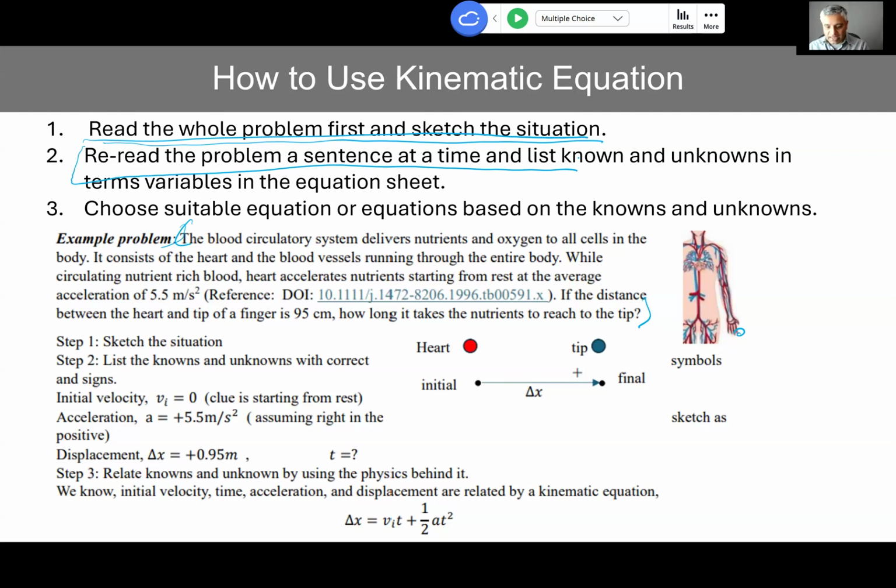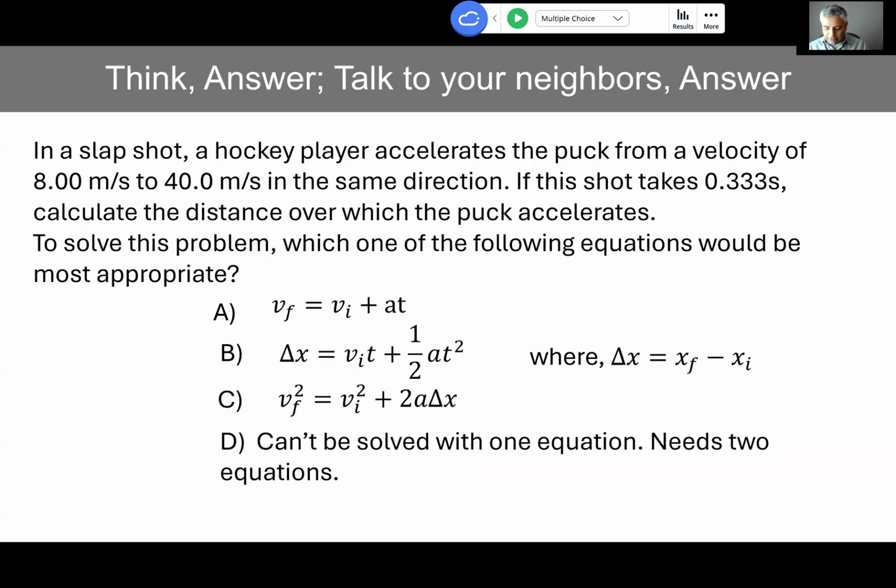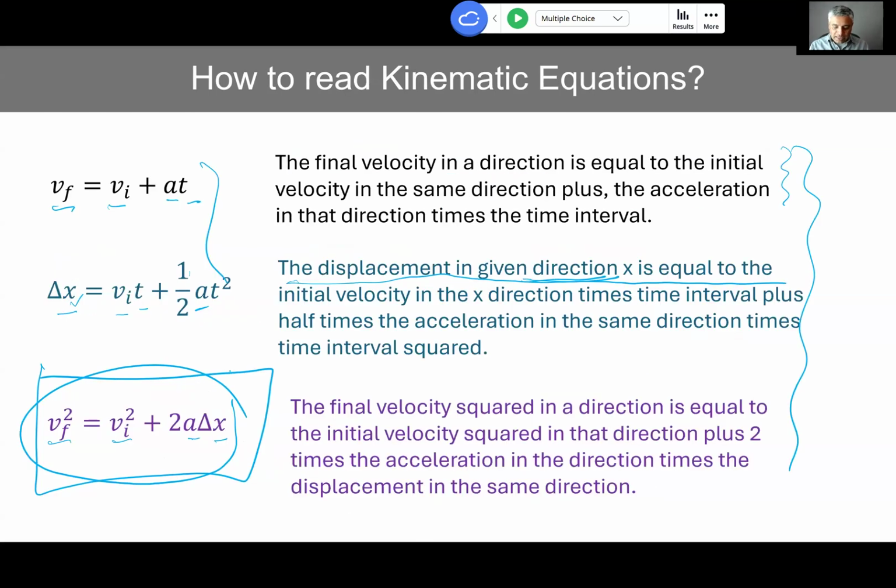While doing that, write what is known, with units and the proper variable. If you are asked to find distance or displacement, denote that by delta x, not d or anything like that, because you want to write everything in terms of the variables in the formula. And these formulas are in the formula sheet, okay?